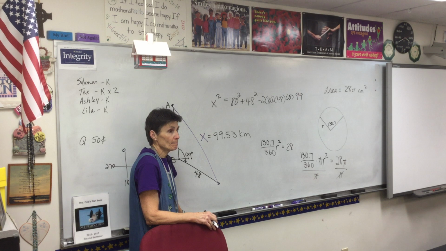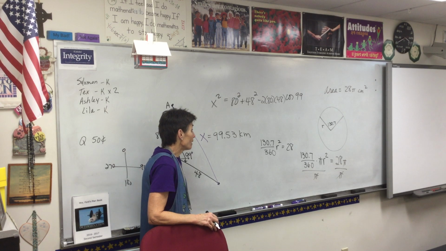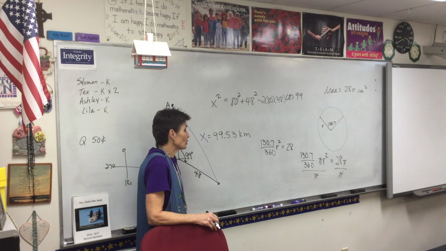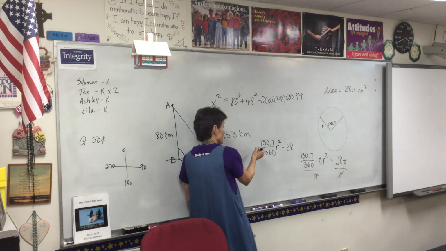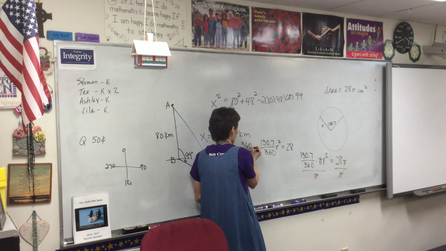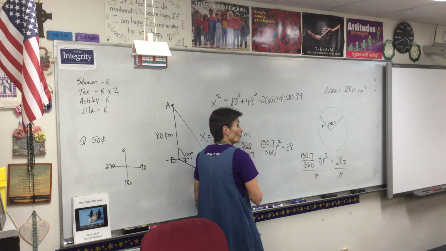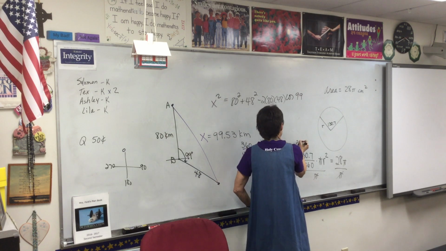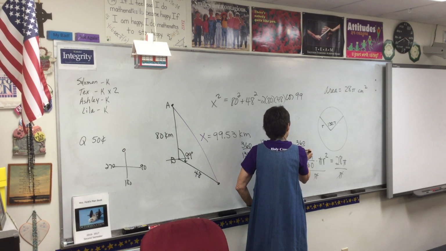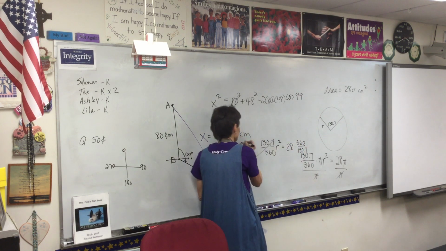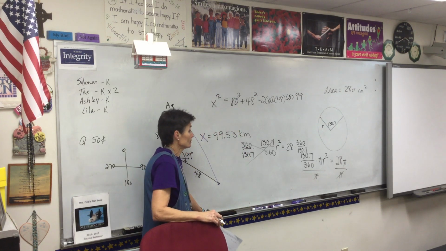Now what, Brendan? No, I'm not right. Mikey? Multiply the fraction over. When I multiply the fraction over, I have to multiply by the reciprocal of it. So I'm gonna multiply by 360 over 130.7. Yes. Because that'll cancel all that out.